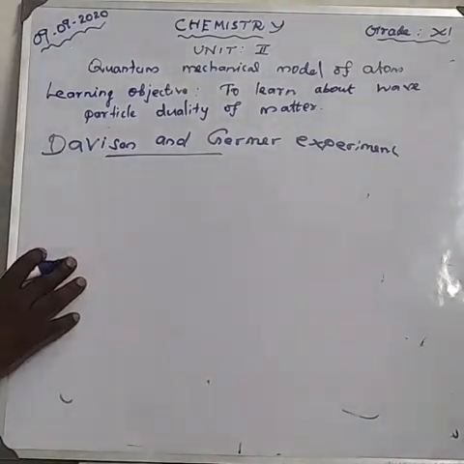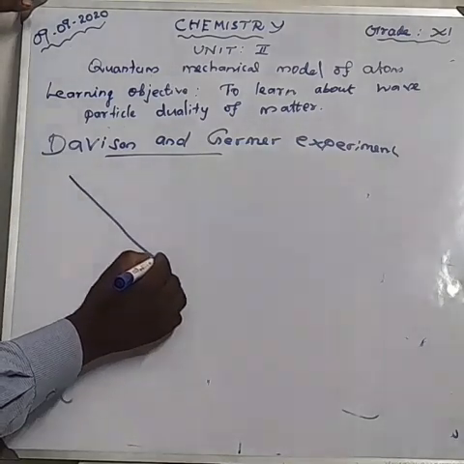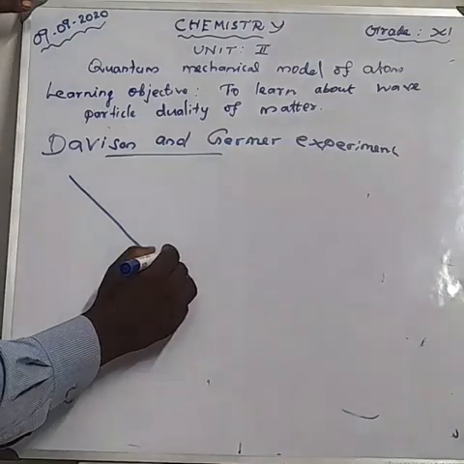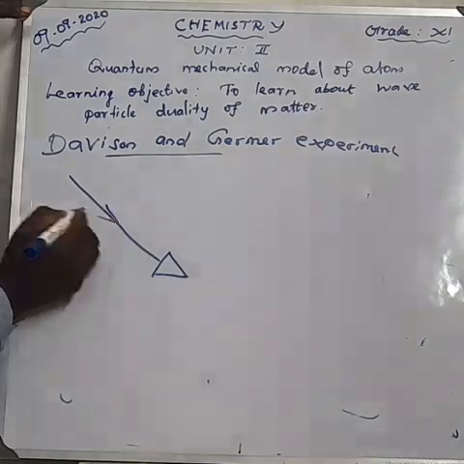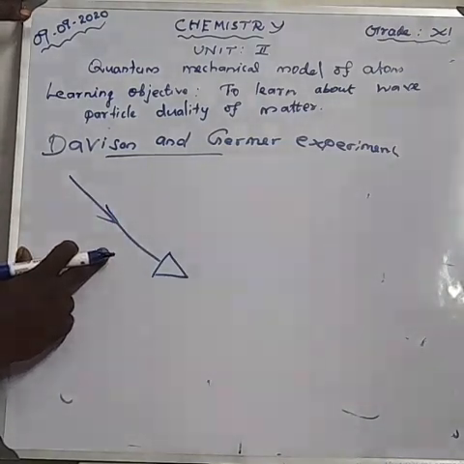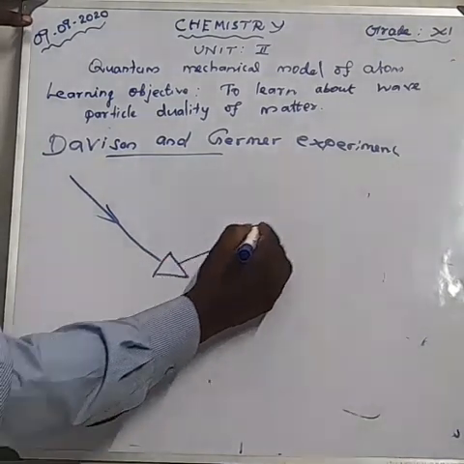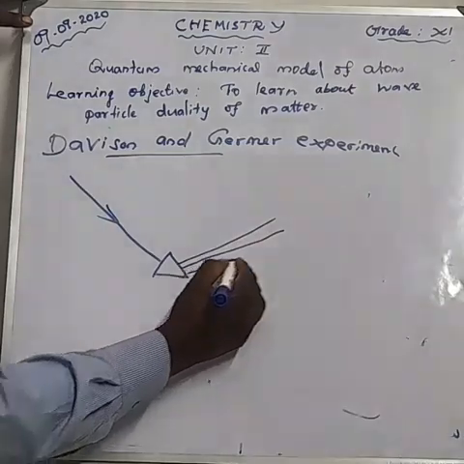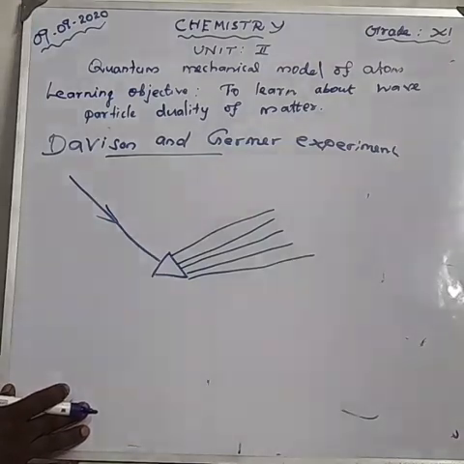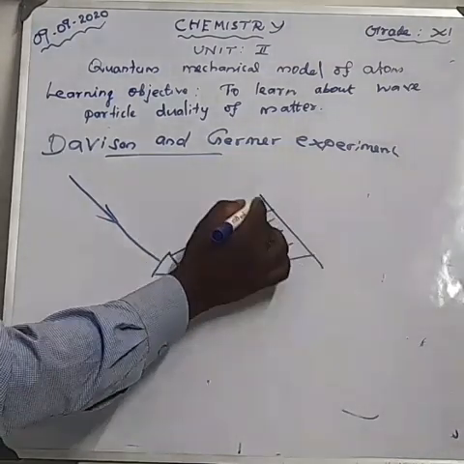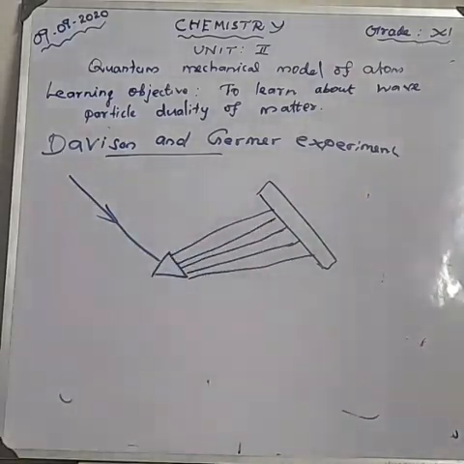Here, when a beam of electrons is allowed to fall on a nickel crystal, the electrons are scattered in different directions. Am I right? We observe this on a photographic plate.